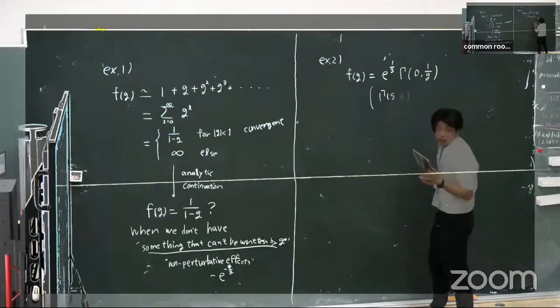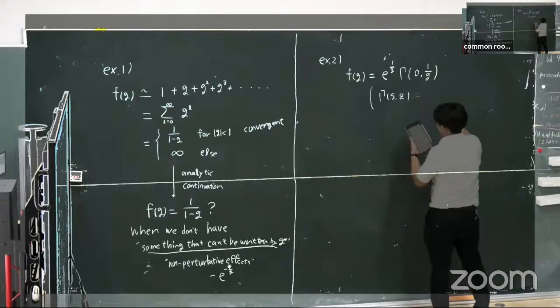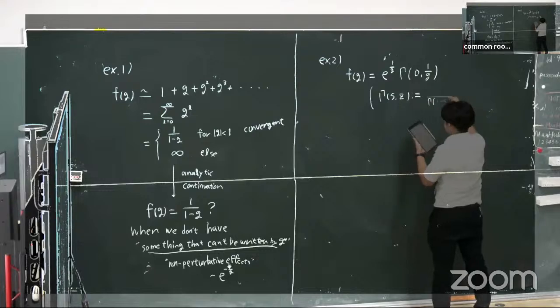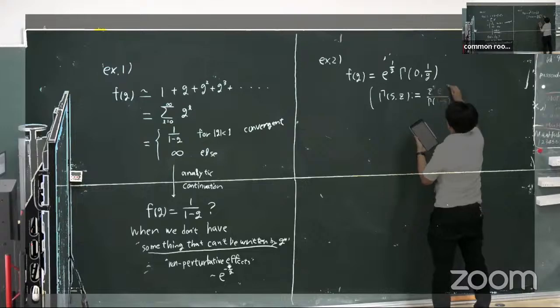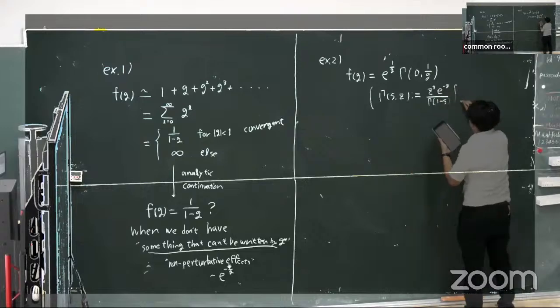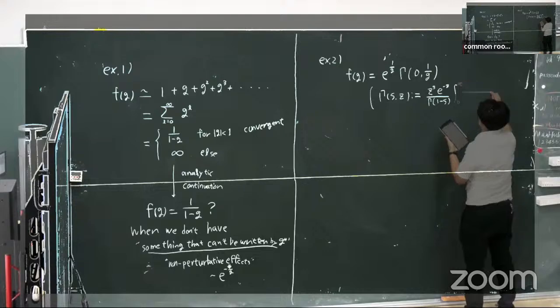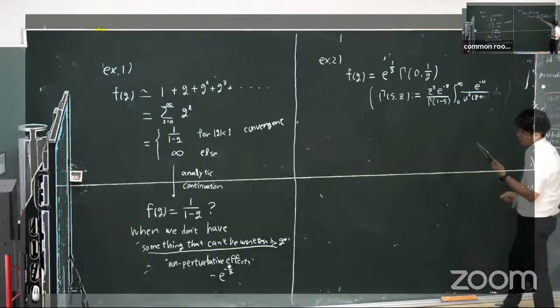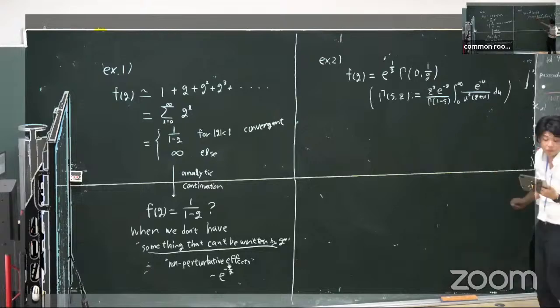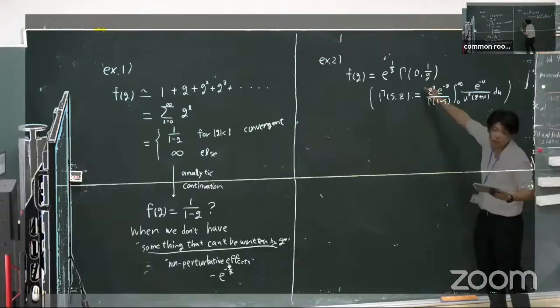The integral representation is given by this. If we consider the perturbative small g expansion of this, we get the following series.